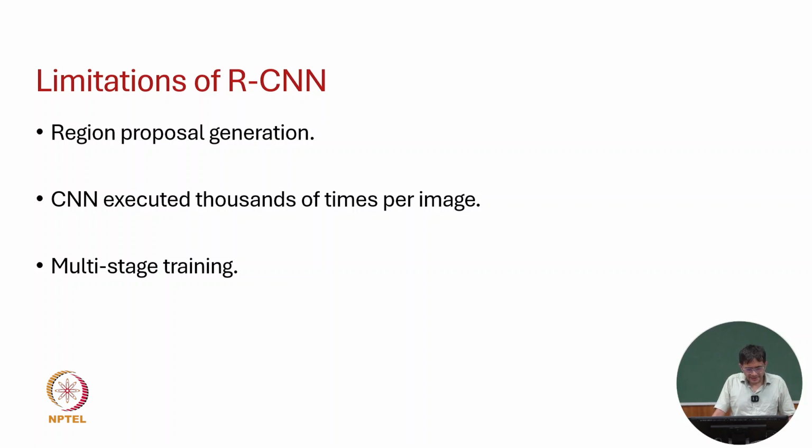So this is together an issue which we would like to solve, and this is what we see in the subsequent works. Fast RCNN and Faster RCNN try to address these issues. How, we will be discussing in the next lecture. With this, we'll stop here. Thank you.